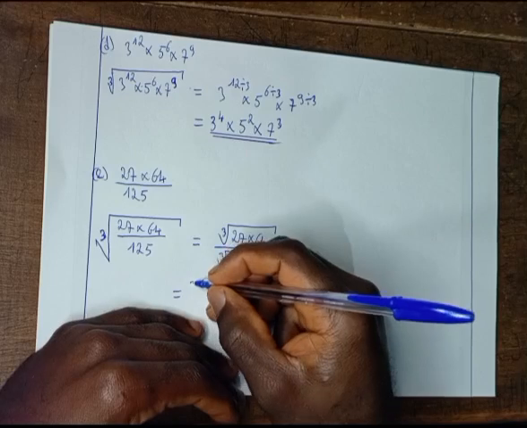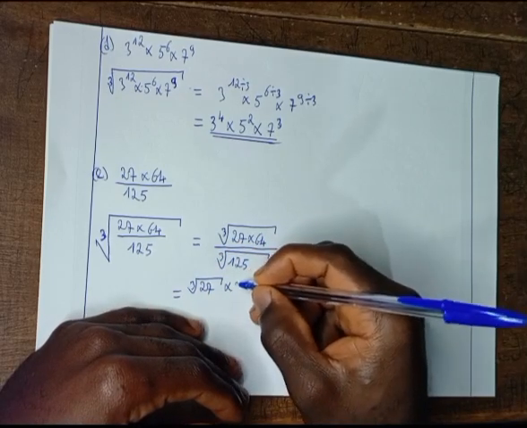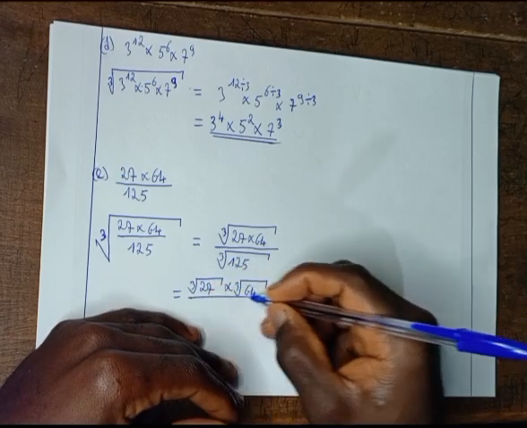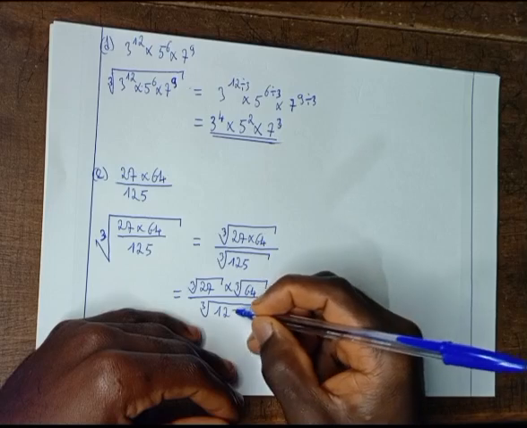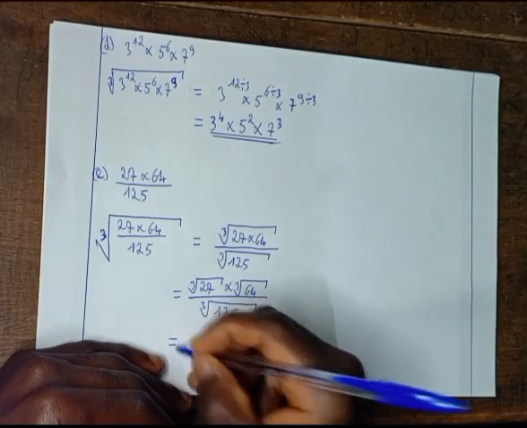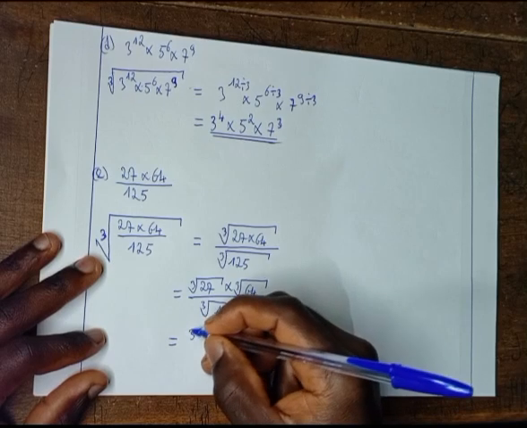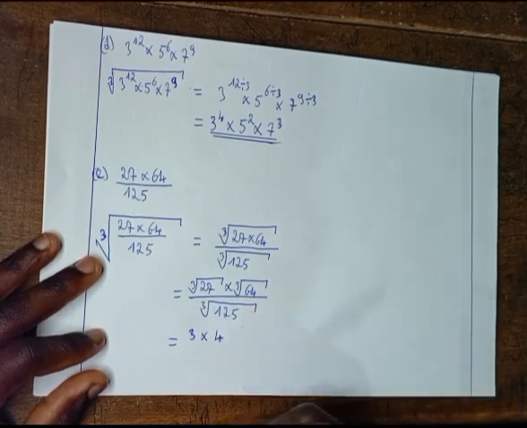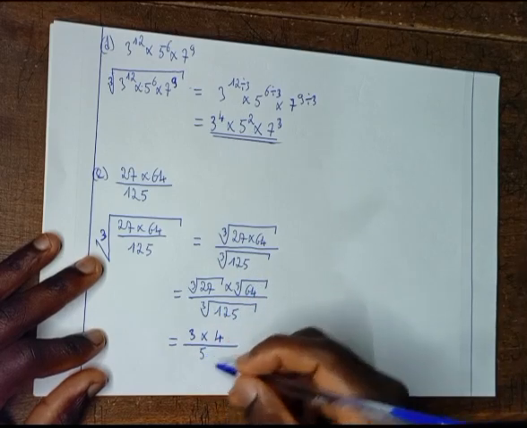We can break it as such: the cube root of 27 times the cube root of 64 all over the cube root of 125. So we know the cube root of 27 is simply equal to 3, times the cube root of 64, which is simply equal to 4, all over the cube root of 125, which is simply equal to 5.